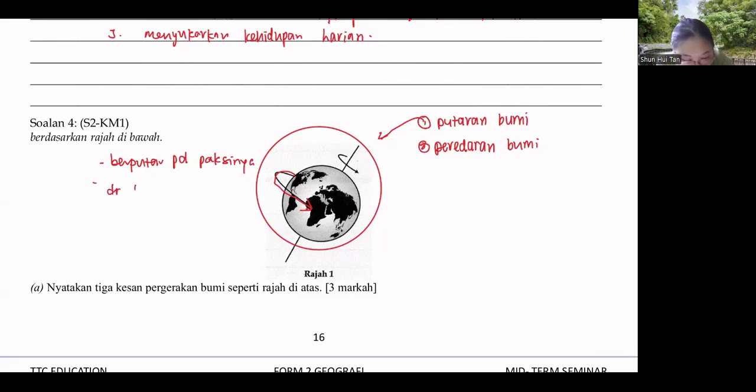Dari barat ke timur. Right? And then, how long does it take for a complete circle? Mengambil masa 24 jam. Putaran bumi, 1 day. Now, and then you can say, it's not upright. It's slanted at how many degrees? Mempunyai kecondongan 23 1/2 degree. Yes. All right.